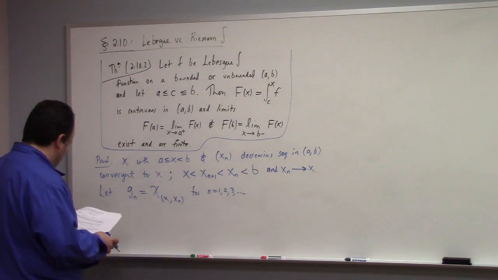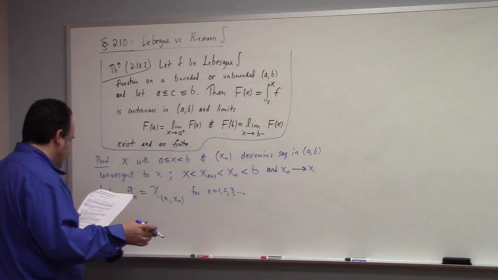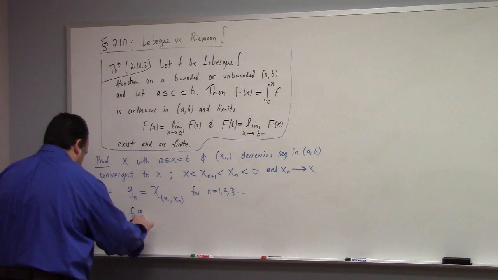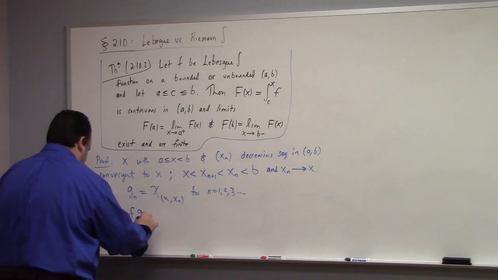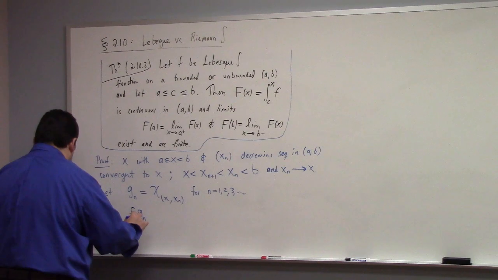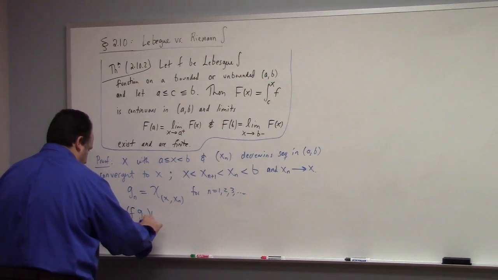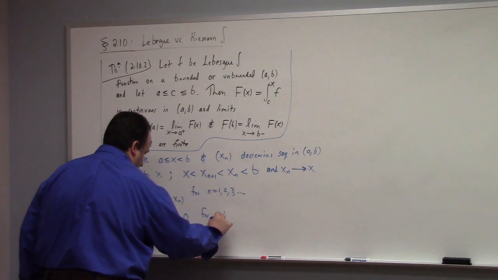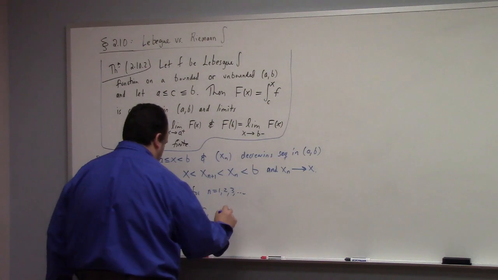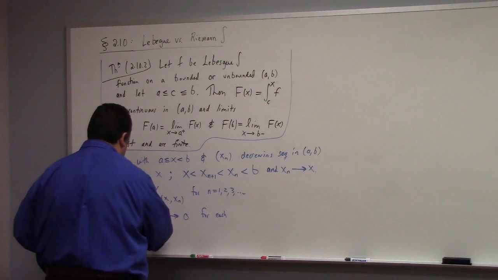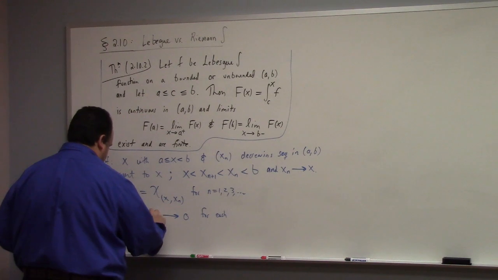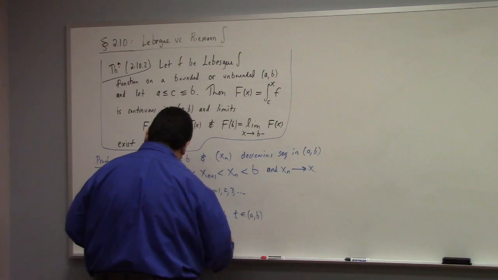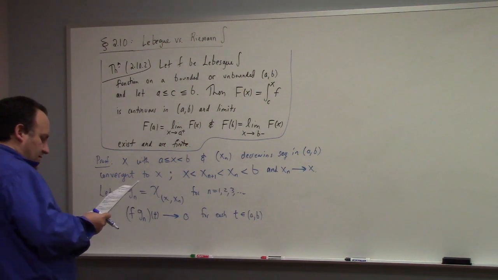And so he says the sequence of products f g_n converges to 0 at every point of AB. So f g_n of x goes to 0 for each... I shouldn't use x here. I probably should use t, because x has a different meaning. For each t in AB. Well, let me think about that for a second.